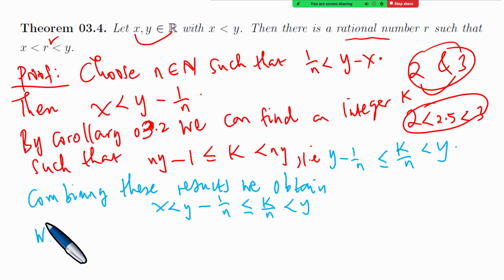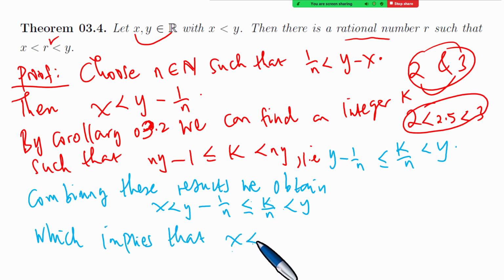Which implies that x is less than k over n, less than y. Okay, let us analyze these, combining.